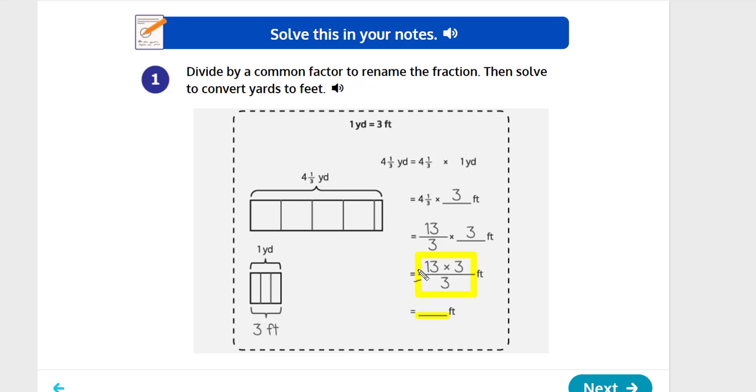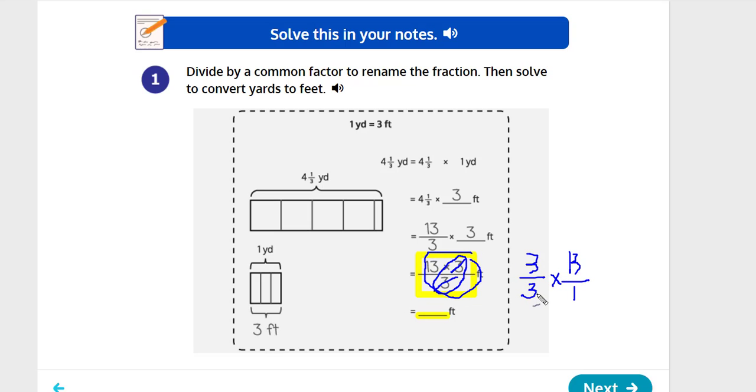One thing you might notice is that 3 and 3 are in common, okay? And so that's a common factor, which means we can just get rid of those two. They cancel each other out. Why does it work? 3 over 3 times 13 over 1. That's another way to rewrite this whole thing.